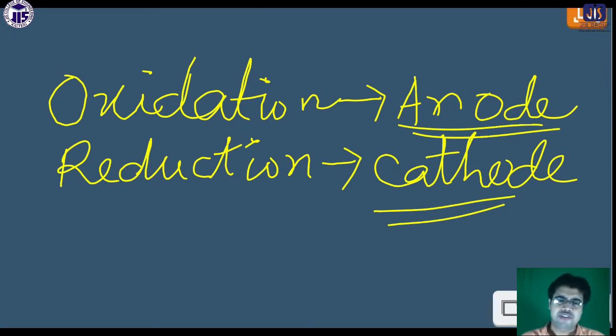For each and every type of cell you have to identify which one is the anode and which one is the cathode.